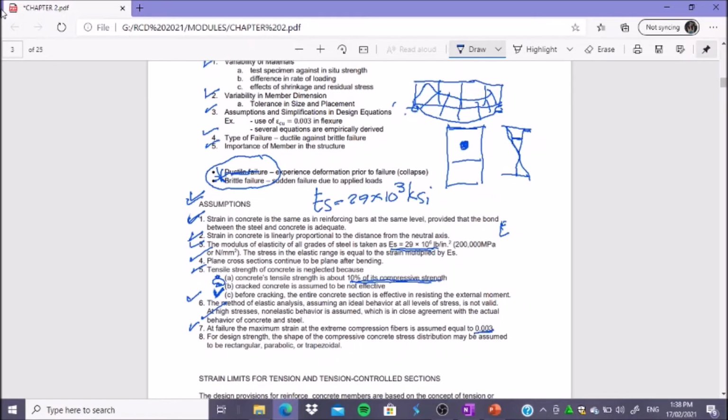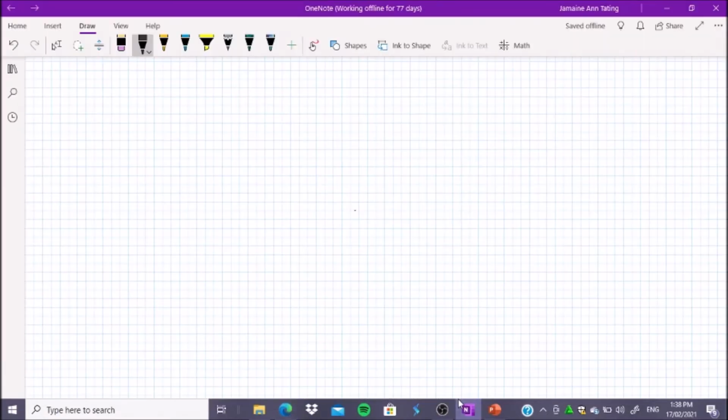For design strength, the shape of the compressive concrete stress distribution may be assumed to be rectangular, parabolic, or trapezoidal. Actually, we have stress diagrams that can be parabolic, trapezoidal, or rectangular. Now, what we use is the rectangular one, the one by Whitney.